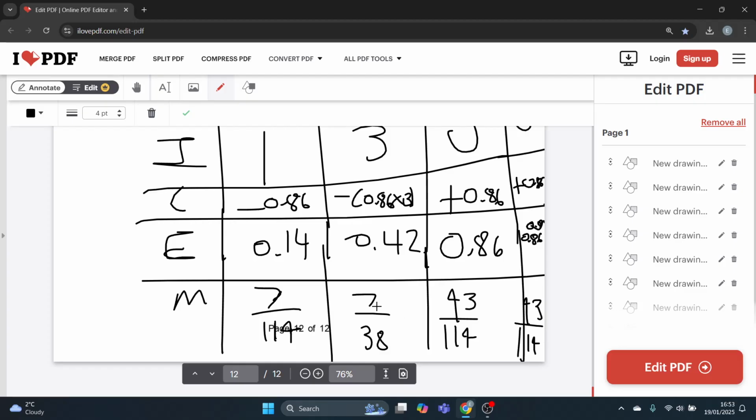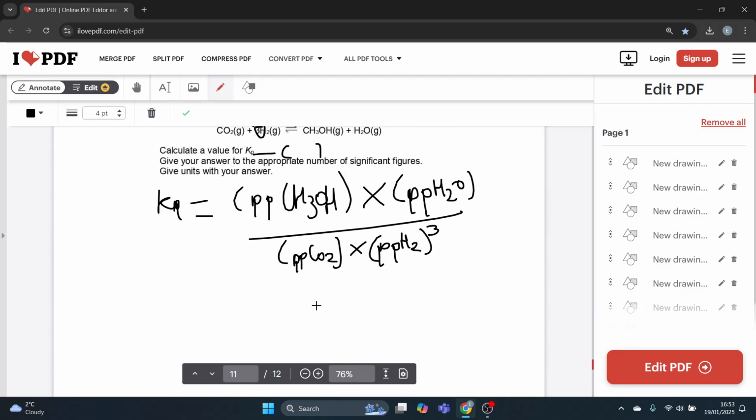And now all I do is add them all up to make sure they add up to 1. And guess what? They do add up to 1. If you add them all up, you'd get 1. That's perfect. These are the mole fractions, right? So now I want the partial pressure.